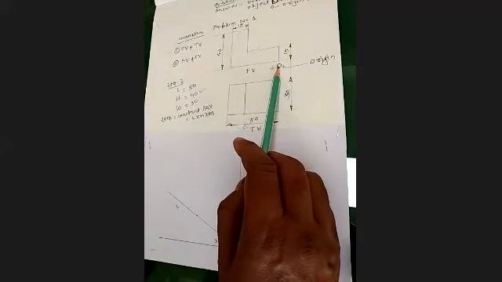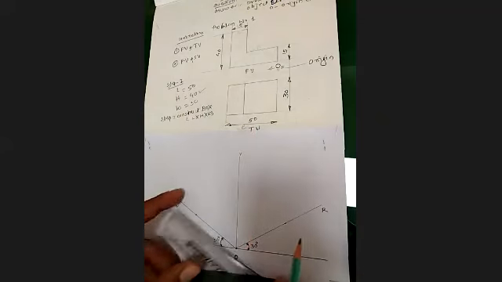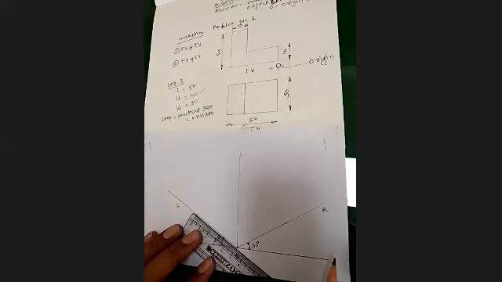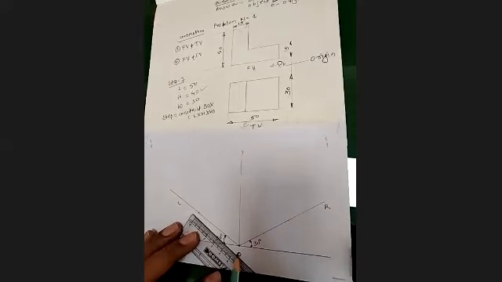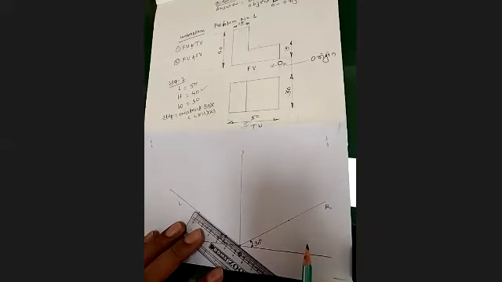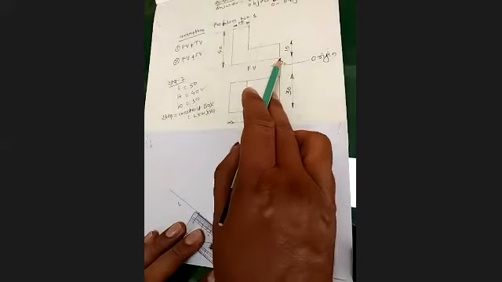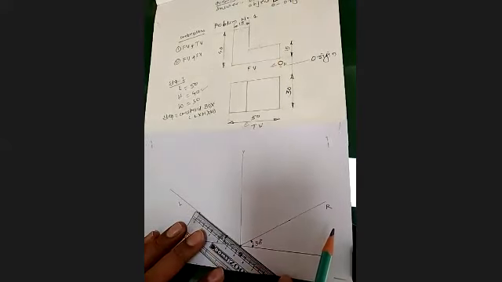Here the origin is at right, whole length is on left. So the length is 50 millimeter here, so we will take 50 millimeter towards the left of this origin O, because the origin is given at right, so your length will be on the left side.